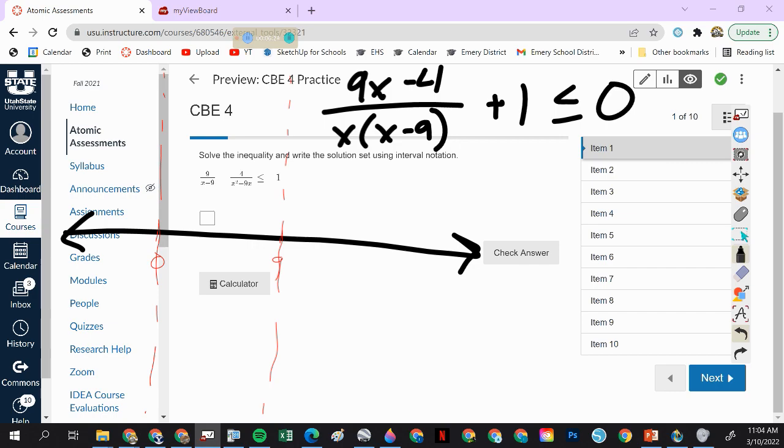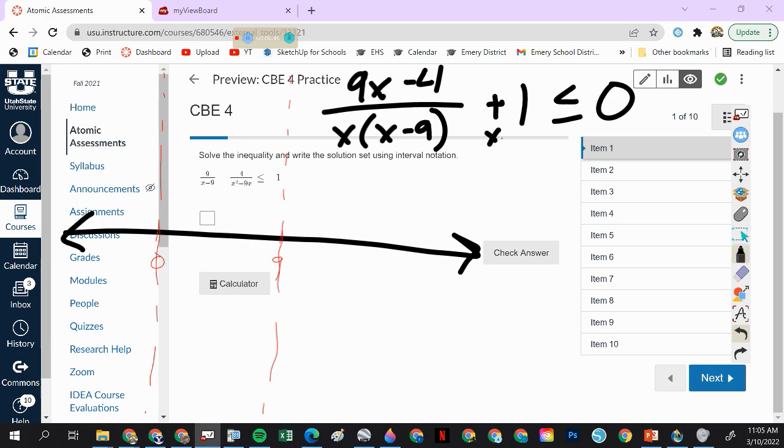Is there a 0 at 4/9? If it was 9x minus 4 equals 0, then yes. But that +1 is going to mess things up. So what should I do with that +1? I need to put that in the common denominator.